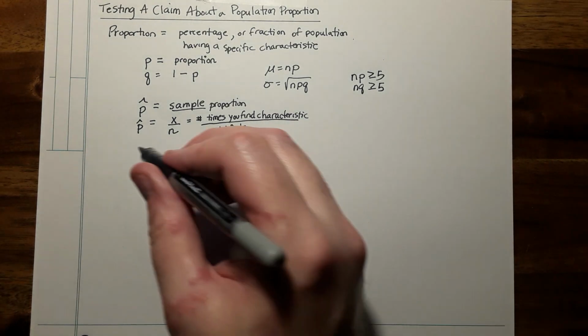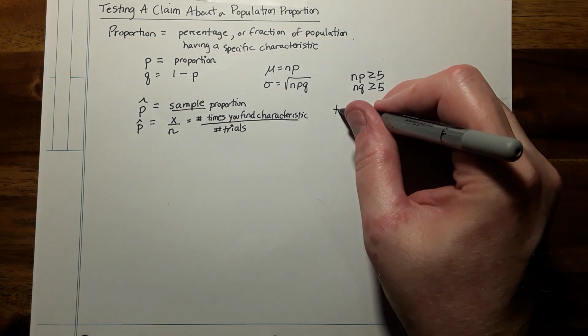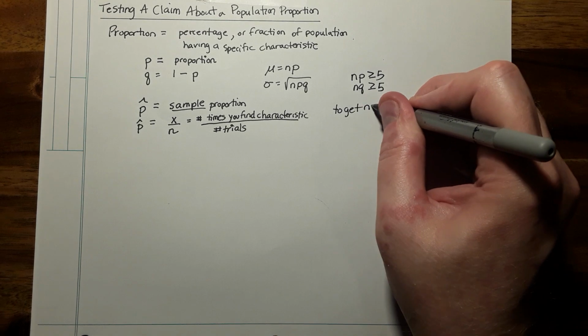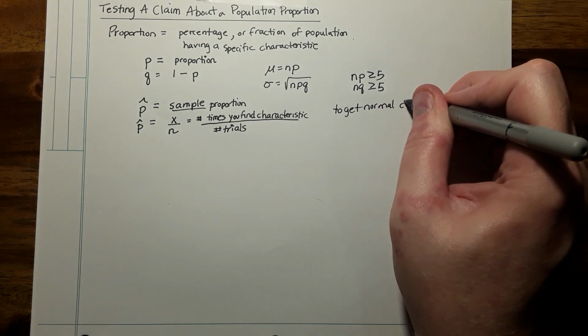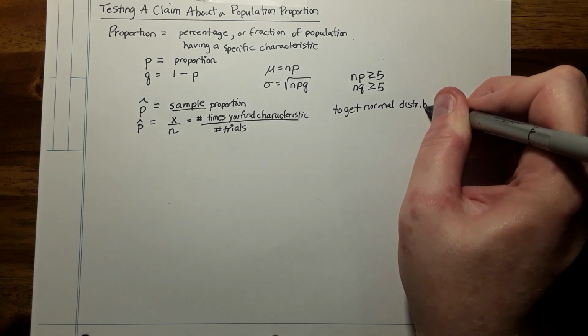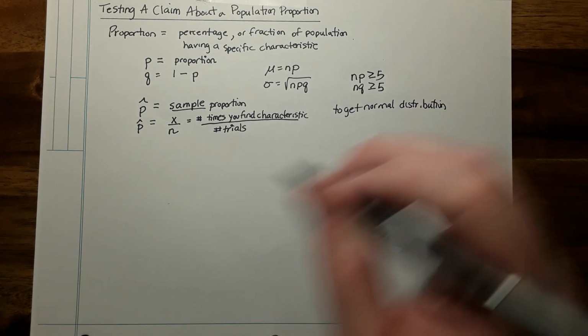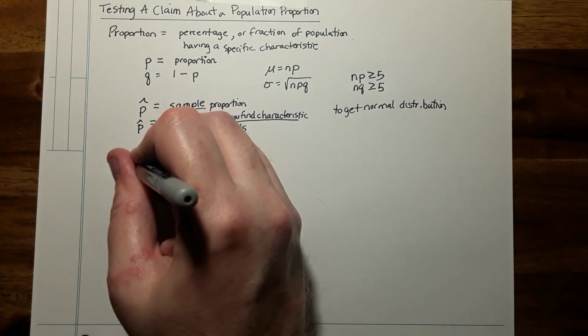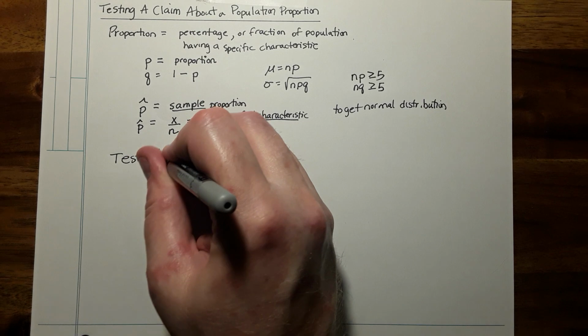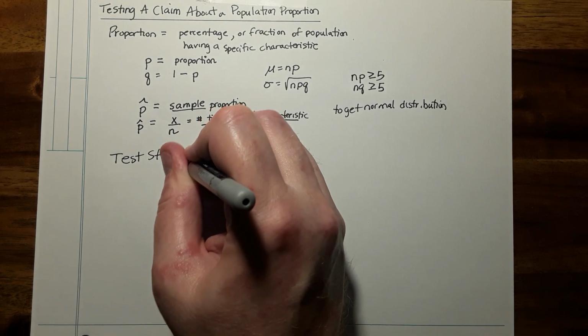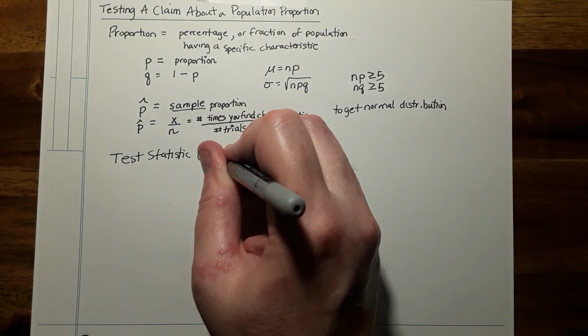Under those conditions, to get a normal distribution, we can use the test statistic of a z-score.